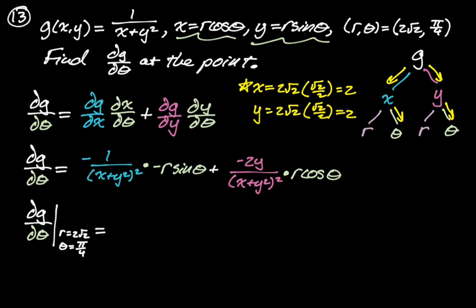So I'm going to substitute in here negative 1 over. So when you do y squared is 4, x plus y squared is 6, so 6 squared. And then you're doing negative, it's actually just negative y, but negative r times sine of theta. Plus, you're going to get negative 4 over the same 6 squared.